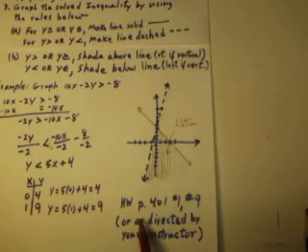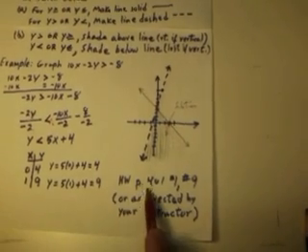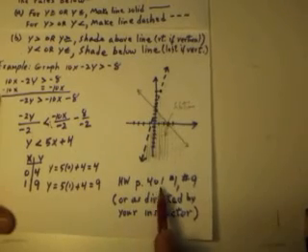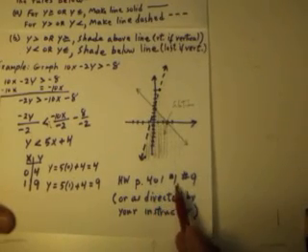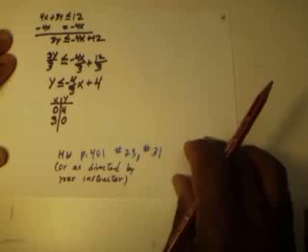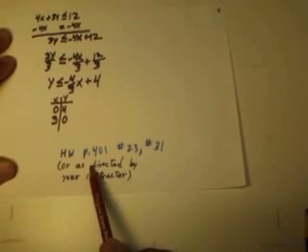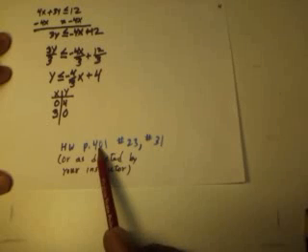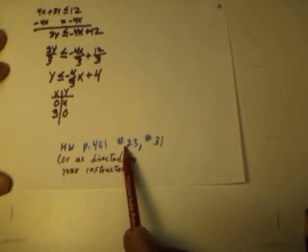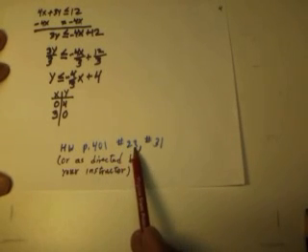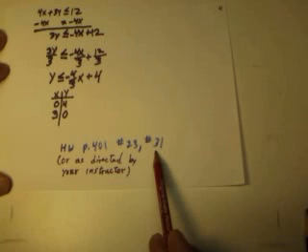For homework, you want to do page 401, number 1. Nope, that's not right. That was previously. All right, for this assignment, for solving systems, you want to do this homework assignment on page 401, number 23 and number 31.